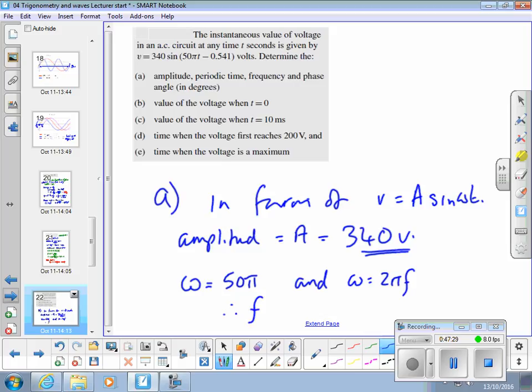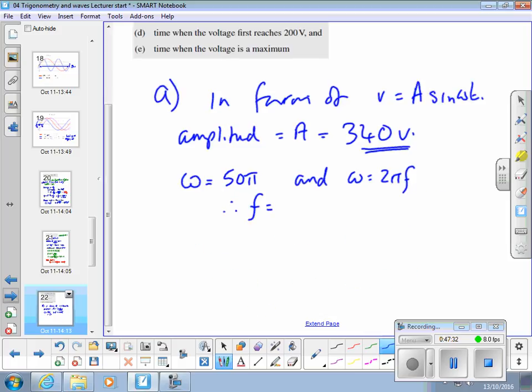Therefore, f is equal to 50 pi over 2 pi equals 25 pi hertz. No, it isn't 25 pi, is it? It's just 25, because the pi's cancel each other out. 25 hertz. So we've got the frequency.